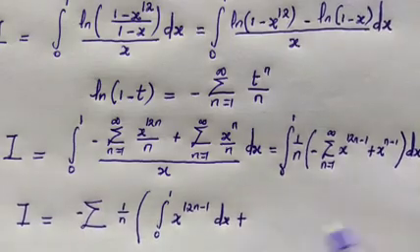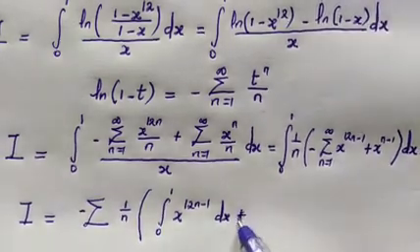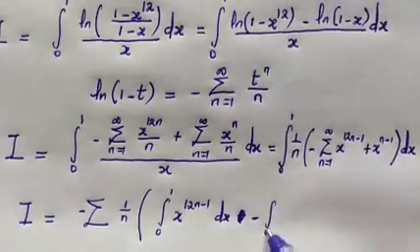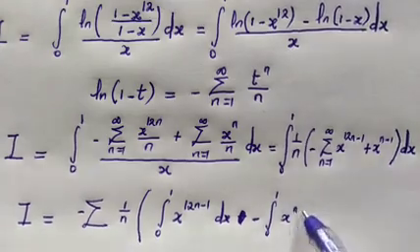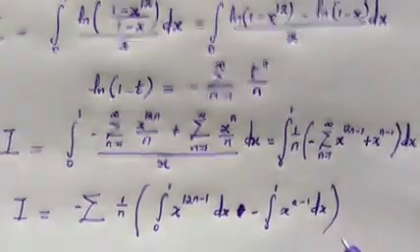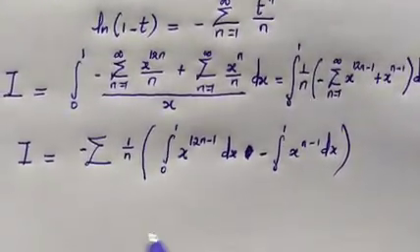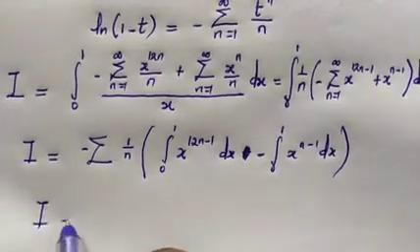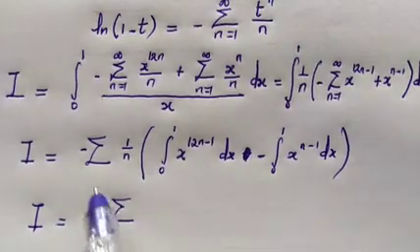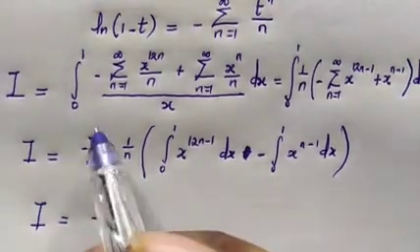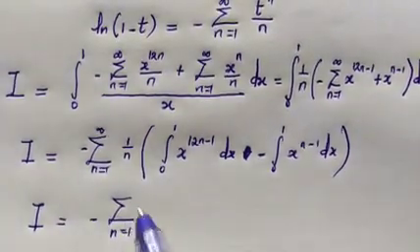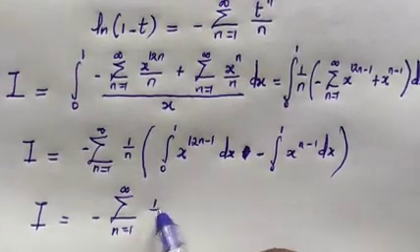We have a negative outside, remember there is positive here, so we have to put a negative sign here. So we're going to integrate from 0 to 1 of x to the power of n minus 1, then dx. So that is easy enough to do, right? So here we have I is equal to negative sum as n goes from 1 to infinity of 1 over n.